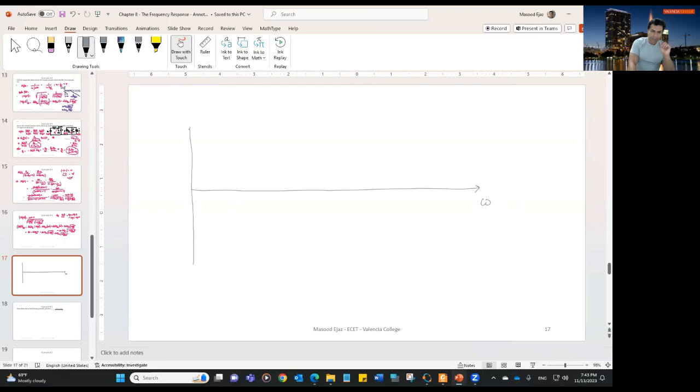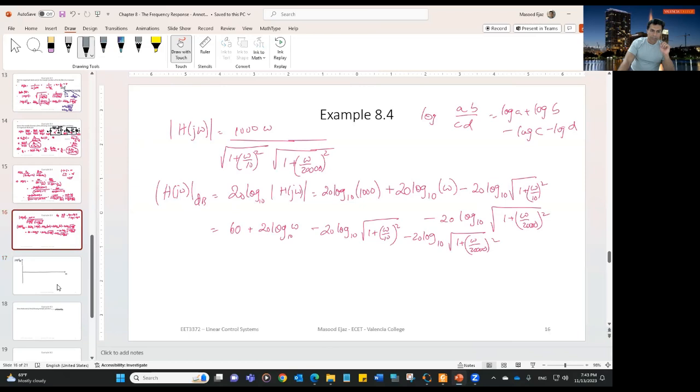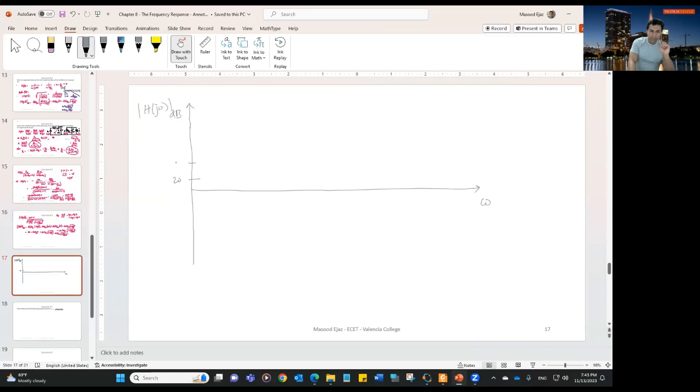Omega, H of j omega in decibel. Okay, so the first thing is 60 decibel for everything. So I'm going to put a 60 decibel. I'm going to divide it into 20 decibel, 40 decibel, 60 decibel, 80 decibel, negative 20 decibel, negative 40 decibel, negative 60 decibel, negative 80 decibel, and so on and so forth.